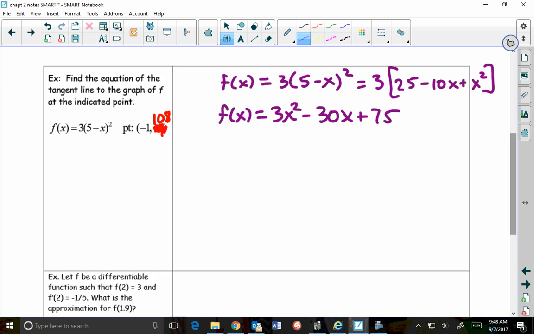Yes. Alright. So all we did was rewrite f of x. We haven't done anything really for this problem. Now go find the equation of the tangent line. Go.